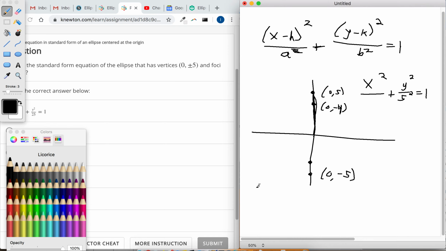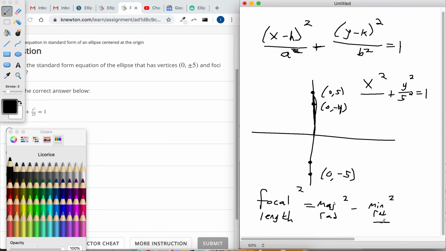We have an equation for the length of the foci, the focal length. If you square it, that's equal to the major radius squared minus the minor axis radius squared.